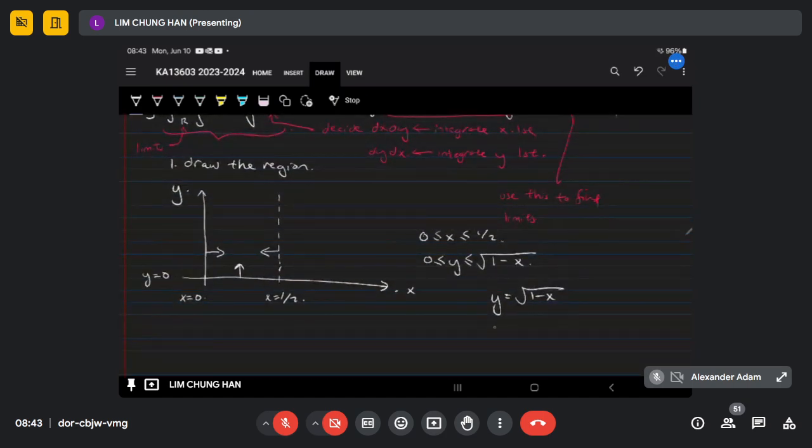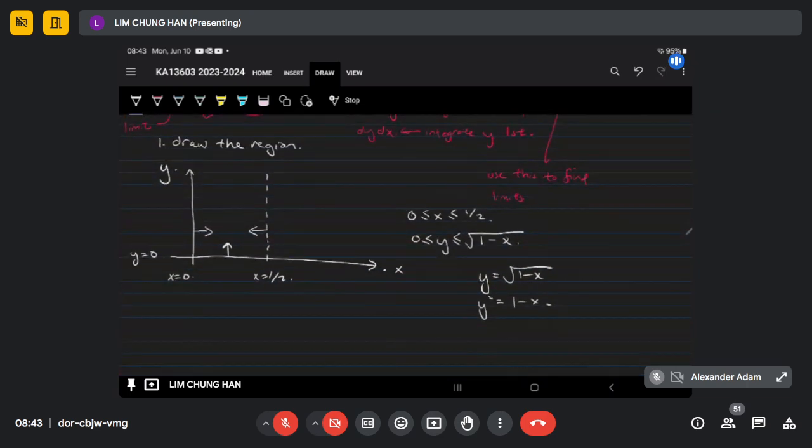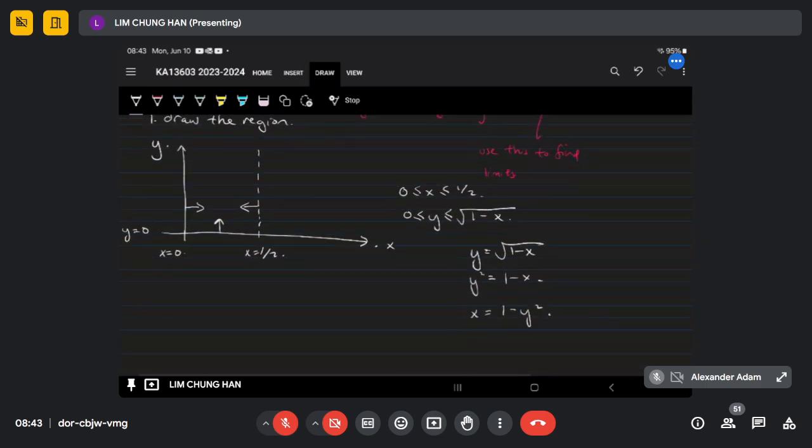How do you plot this? Well, it's y squared equals to 1 minus x, and then if you rearrange, you get x equals to this. What is this curve?